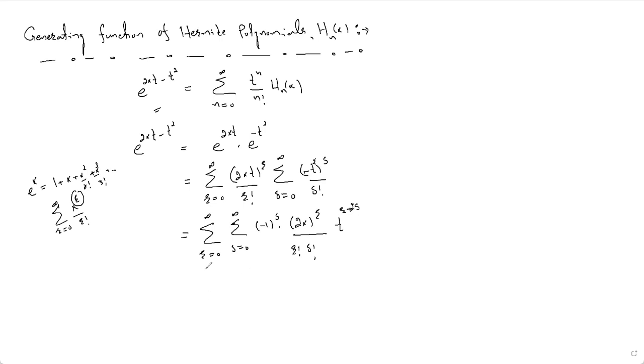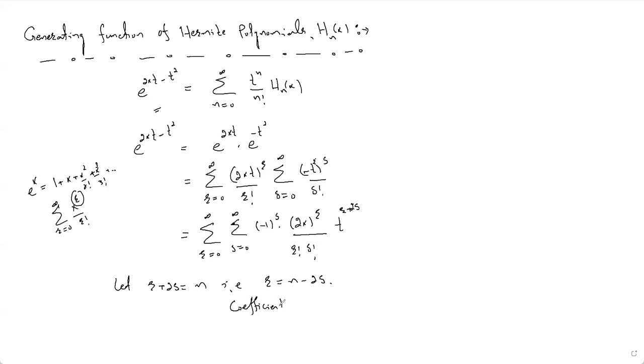Very simple. Let us suppose that r plus 2s is equal to n. That implies r will be equal to n minus 2s. So what will be the coefficient of t raised to power n then?